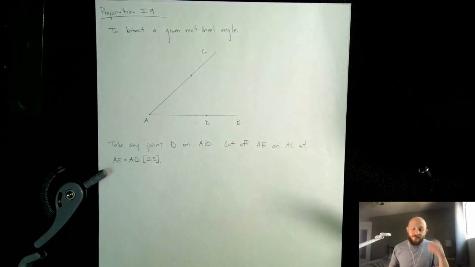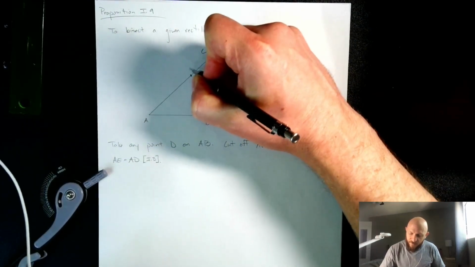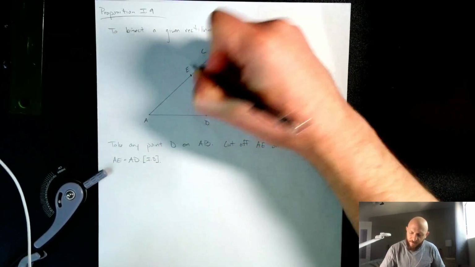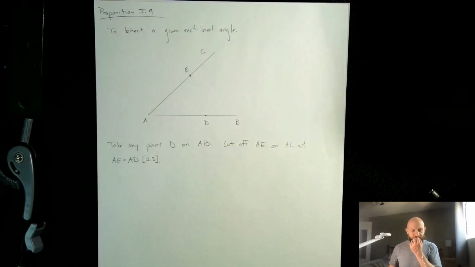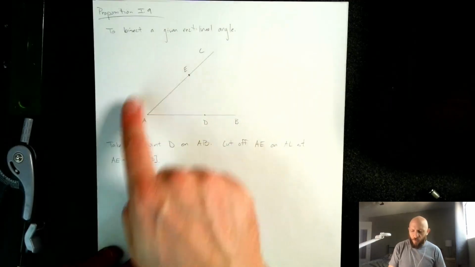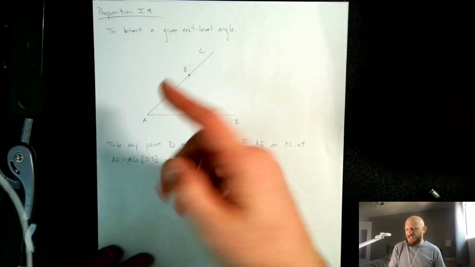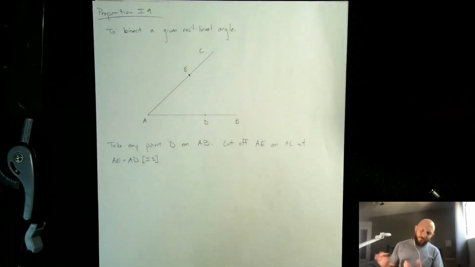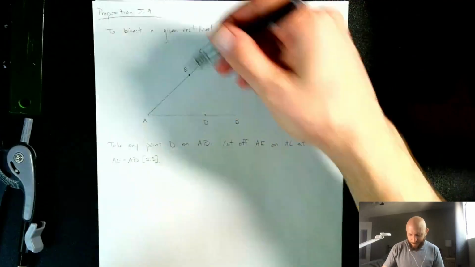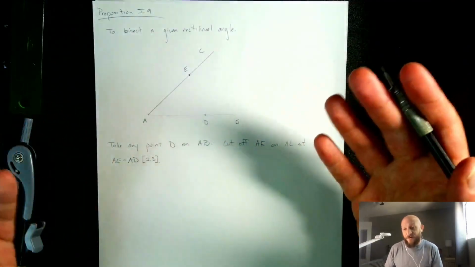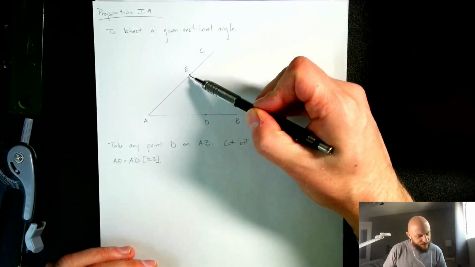I guess maybe that's one reason that citing Proposition 3 is a little bit better here, because, and I don't think the Greeks would have thought this, but for our reasoning today, we might ask, how do I know that the circle with center A and radius AD actually intersects this line? So maybe that's a reason that Proposition 3 is a little bit more solid. But as far as the construction goes, it's just a circle of radius AD and where it intersects here. So here is E.